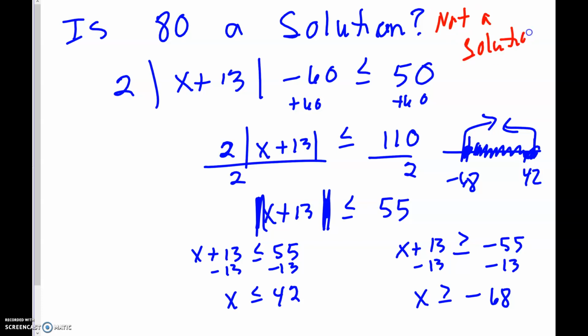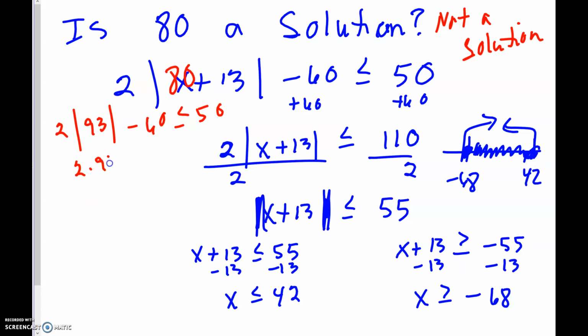Now, some of you maybe didn't want to graph it. Some of you just wanted to put an 80 in here and then do the math. So what is 80 plus 13? We end up with 2 times the absolute value of 93 minus 60 is less than or equal to 50. The absolute value of 93 is 93.